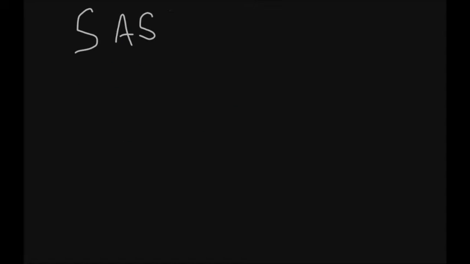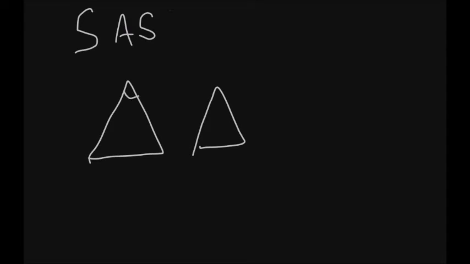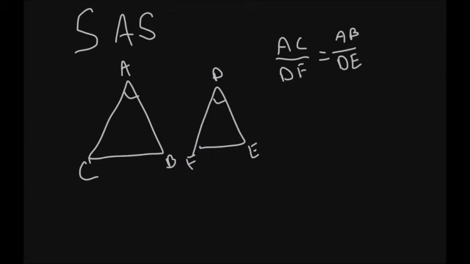Alright, there's two more postulates we need to go over, and the first one is side angle side. What that tells us is if I have two triangles and they have a congruent angle, and we'll call them ABC and DEF, then in order for these to be similar, what we would need to know is that AC over DF is the same ratio as AB over DE, because we already know angles A and D are congruent.